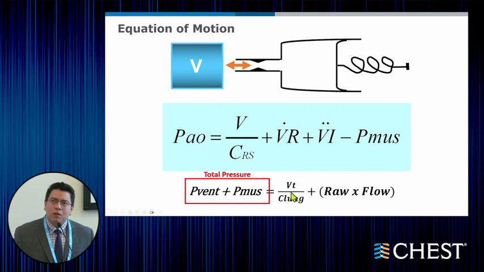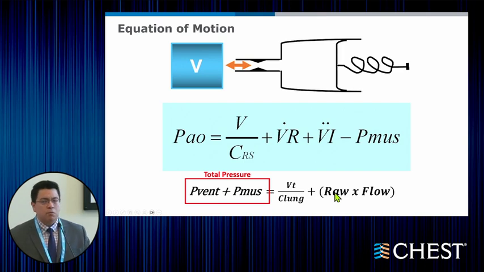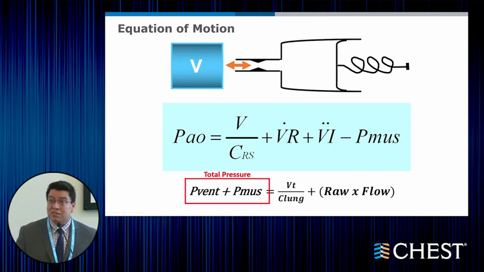If you have a low lung compliance, which is a denominator in this equation, then delivering any type of tidal volume, let's say 400, is going to result in an increase in the total airway pressure, right? The same would happen if you try to deliver the 400 tidal volume to a patient with an increased airway resistance. So the total pressure is going to be directly proportional to the airway resistance of the patient.